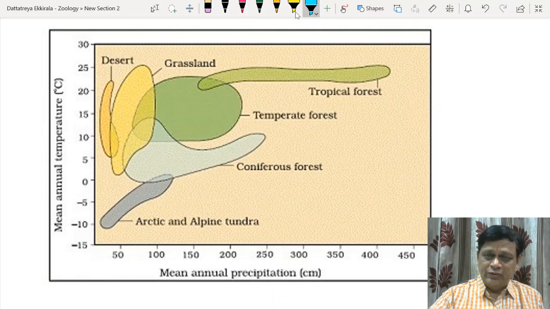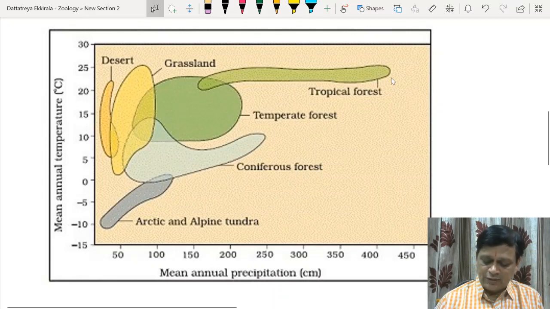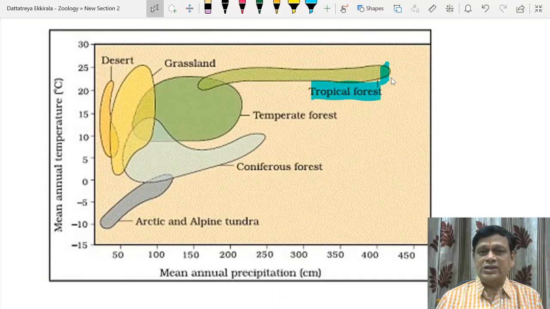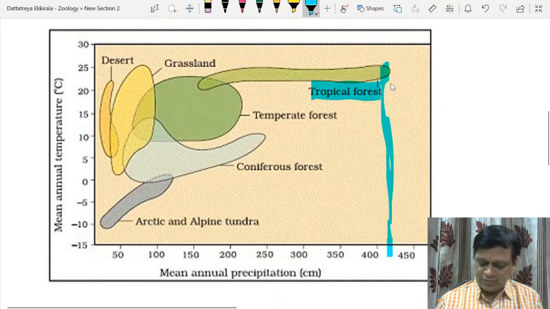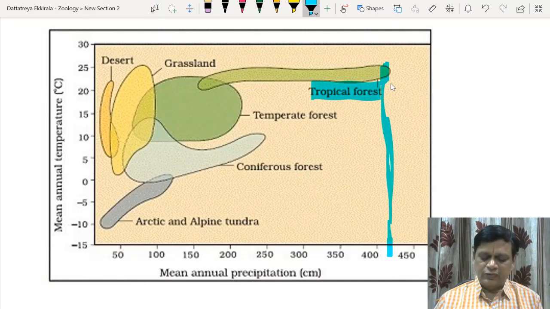So worldwide, what is the highest in rainfall? You observe here, tropical rainforest has the highest rainfall. That is in between 400. So if you add these two things, it will be between 400 and 450. That is the annual rainfall.